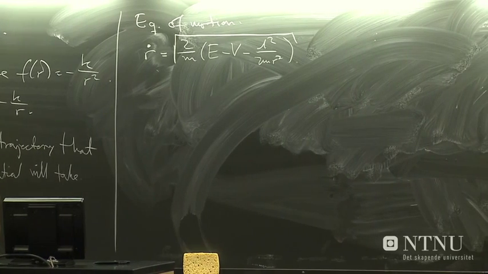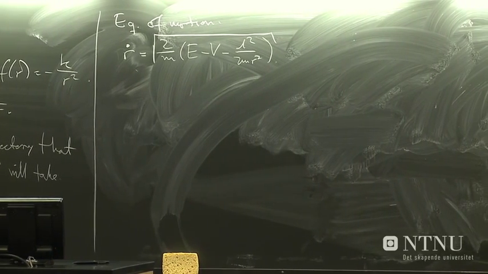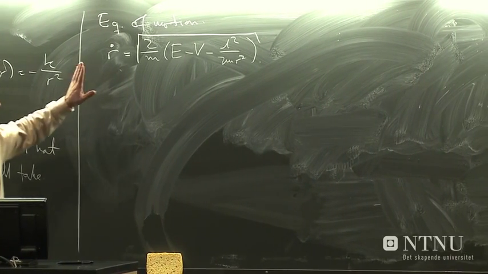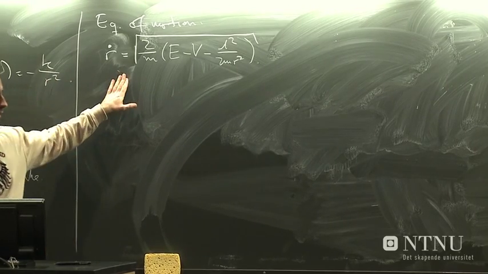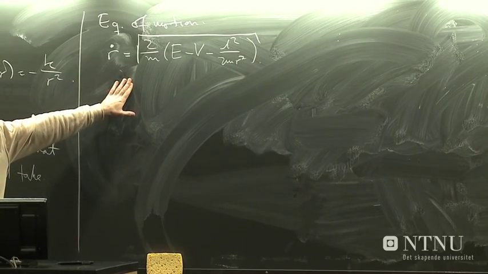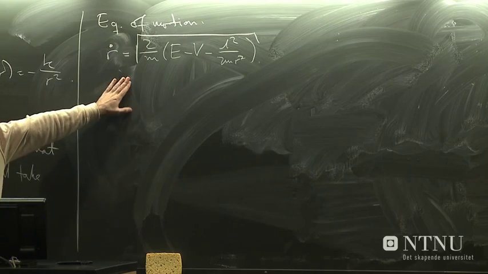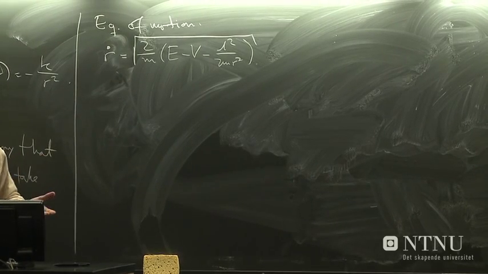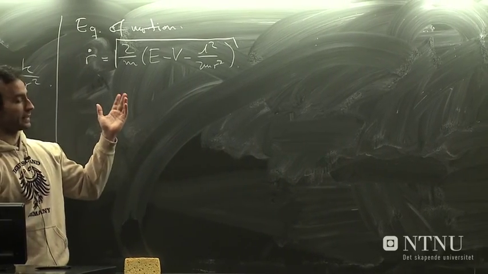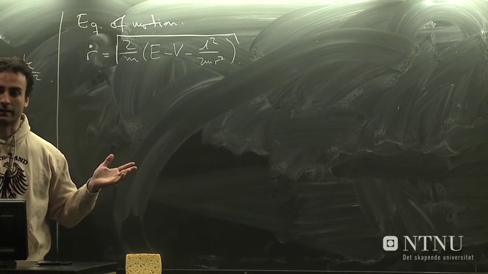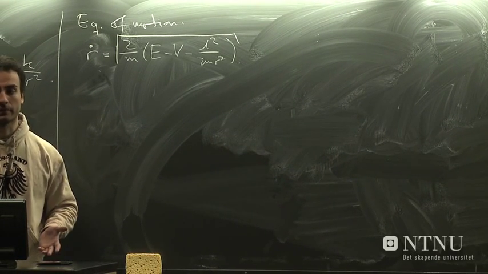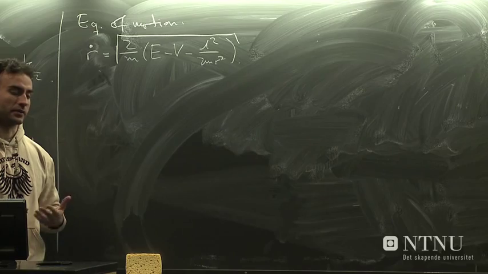And a suitable equation of motion for our problem is this one. There are two important comments regarding this equation, how to obtain it. So for one thing, we see that it's purely dependent on the radius. There's only a radial dependence. There's no dependence on angle.